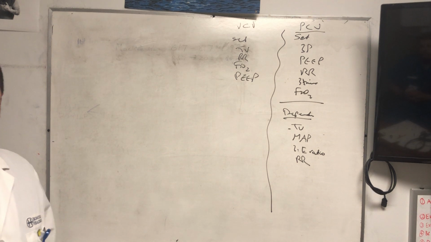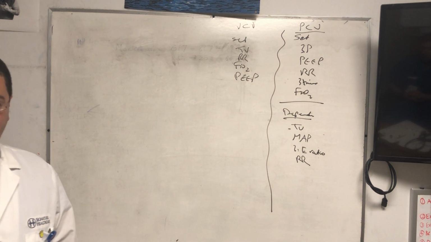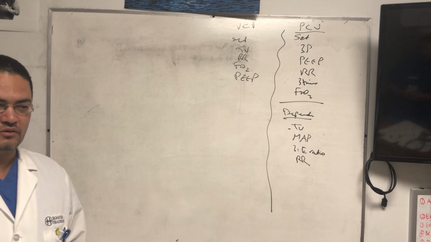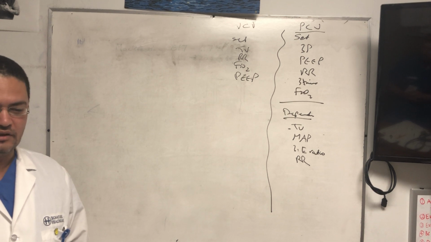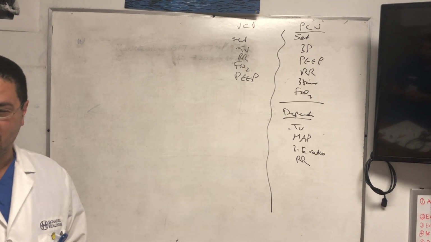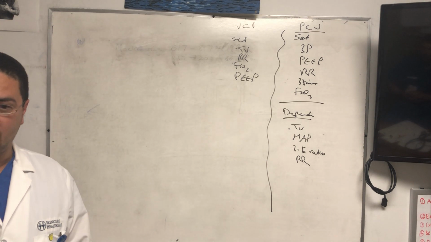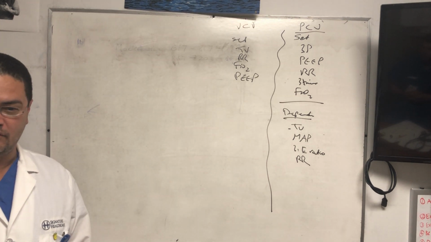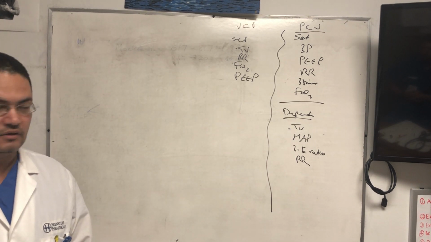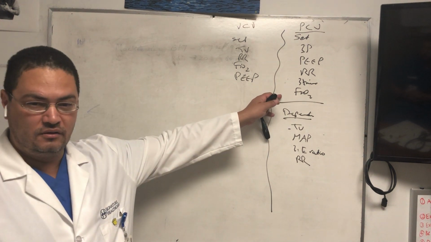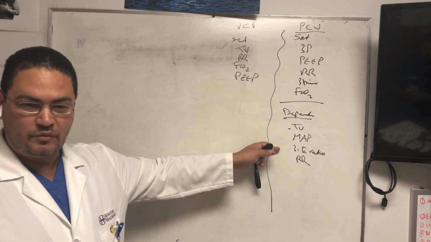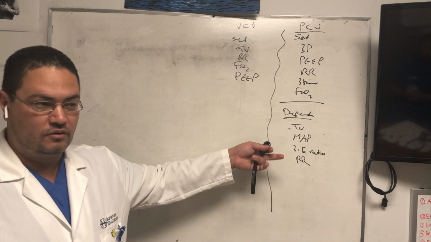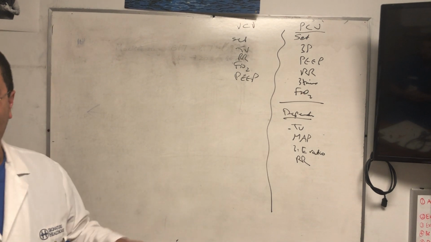Number two, somebody tells me, I put the patient on pressure control, inspiratory pressure of 25, PEEP of 10, peak airway pressure of 35, plateau pressure of 35. Did I mention peak or plateau here? No. So you should not say peak and plateau at all.